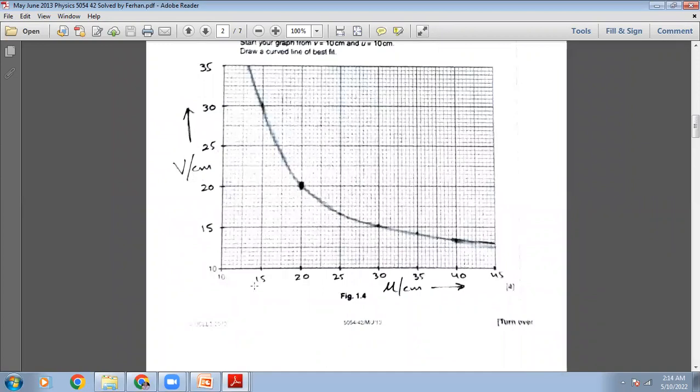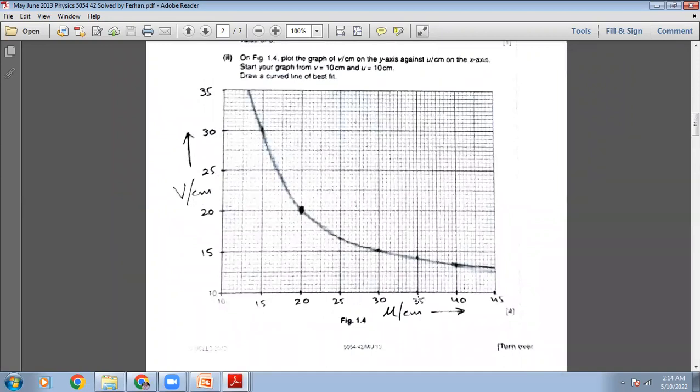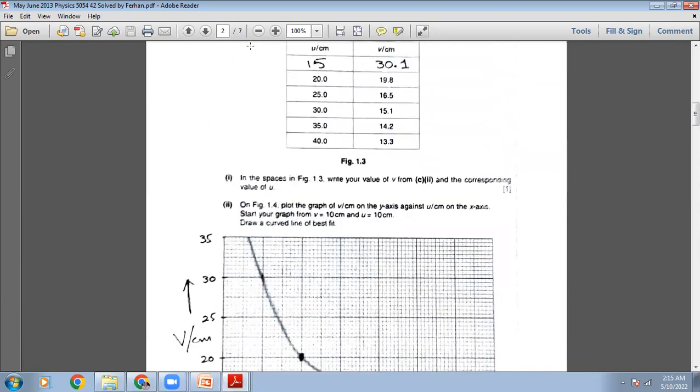Here you can see I have labeled this. On the x-axis we have represented u: 10, 15, 20, 25, 30, 35, 40, 45. On the y-axis we have v in centimeters: 10, 15, 20, 25, 30, 35. Then I will plot these points.